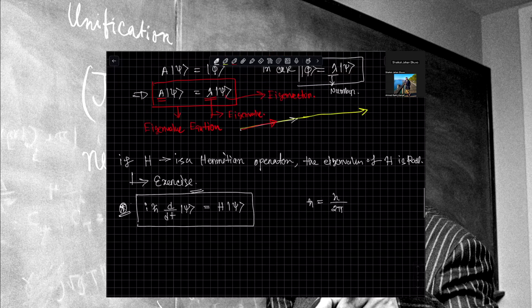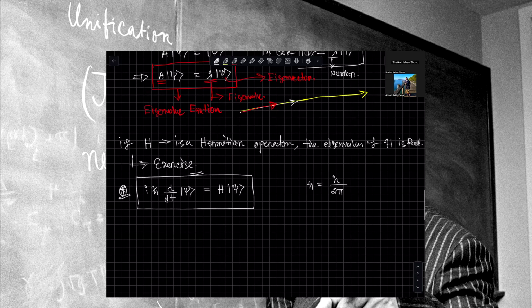This is the equation that governs everything. Let me now explain this equation bit by bit. This H over here is a Hermitian operator known as the Hamiltonian, the energy thing from classical mechanics. This psi is called a wave vector.